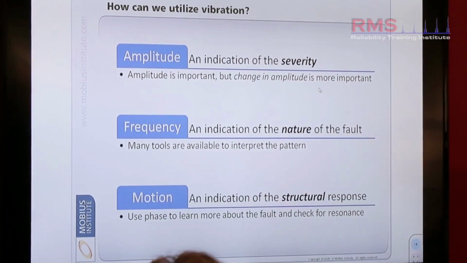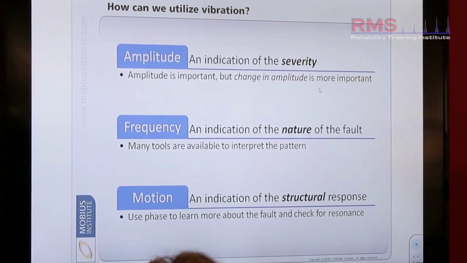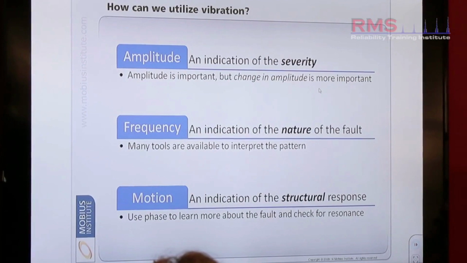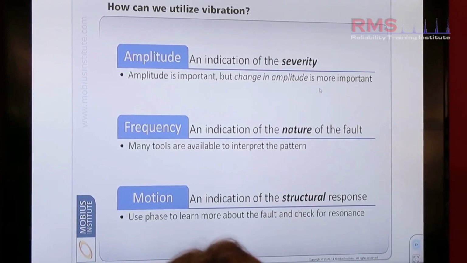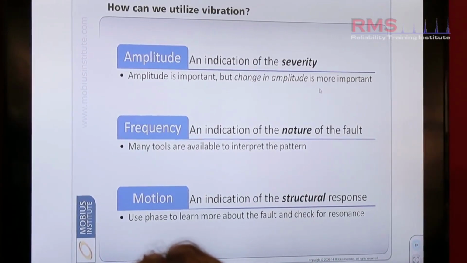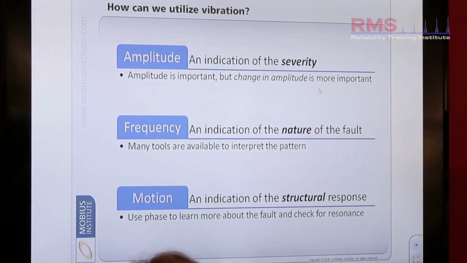Once that change occurs, we can say the vibration has changed due to what? Well, that's where we need to understand the frequency, the rate of the heartbeat. Is it 25 pulses per rotation? Is it 6 pulses per rotation? Or is it 1 pulse per rotation? Depending upon what's causing it to vibrate.